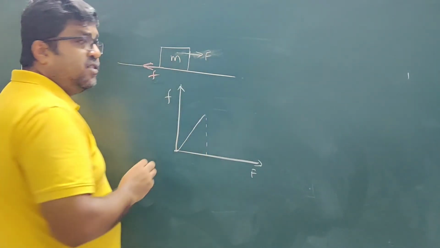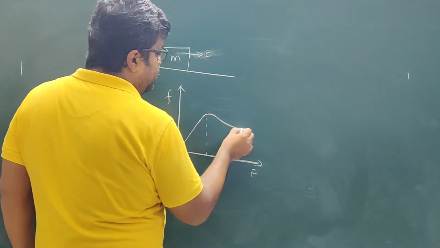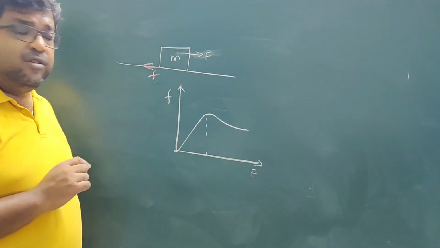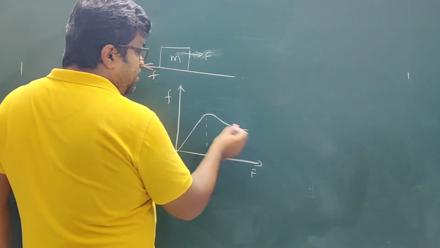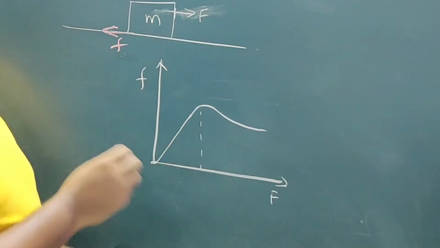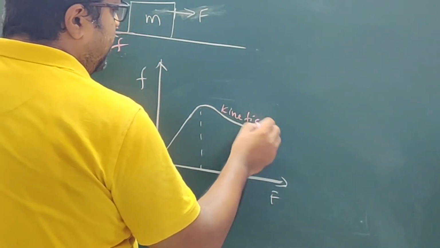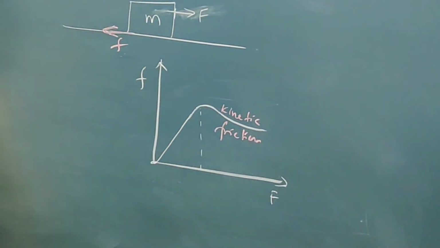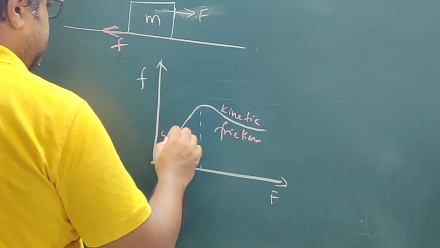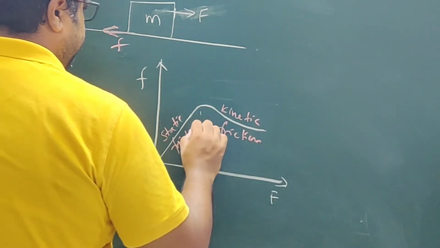If I increase the applied force again, the block will begin to move, so the friction force will gradually decrease. This is the nature of the graph. In this part, the motion of the block has started, so the friction is called kinetic friction. In this part, the block was stationary, so the friction is called static friction.